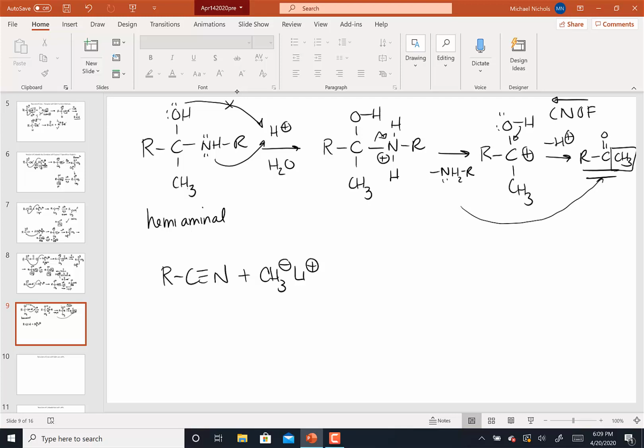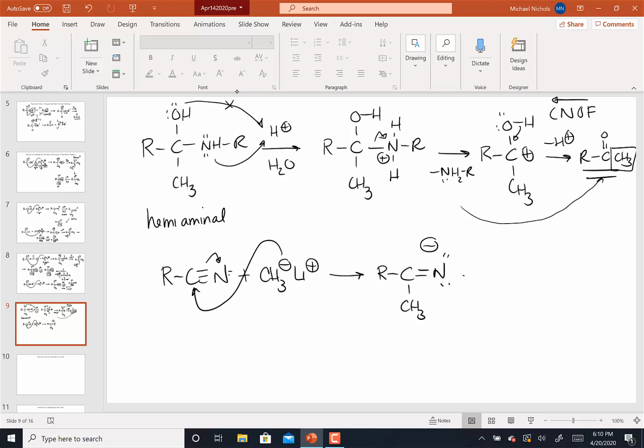At this point, you could probably tell me the C minus comes in, attacks that carbon, pair of electrons moves to the nitrogen. I now have an N minus.